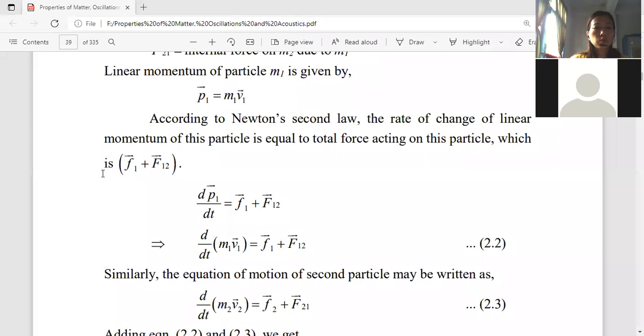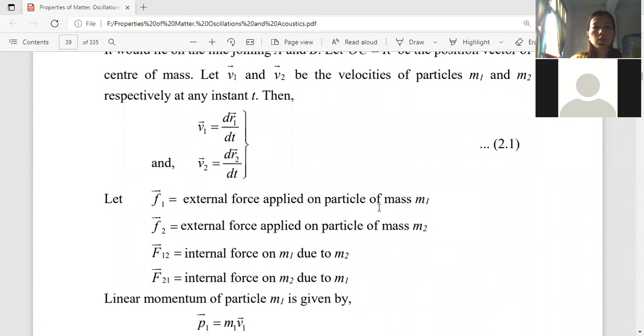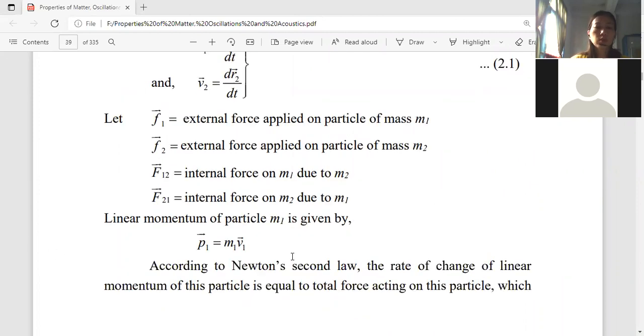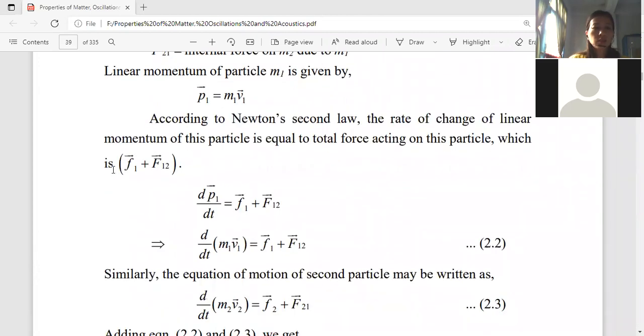We can see that the sum of small letter f1, the external force on mass 1 and the internal force on mass 1, is the total force on mass 1.